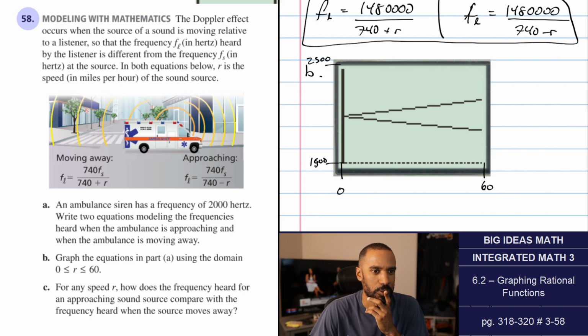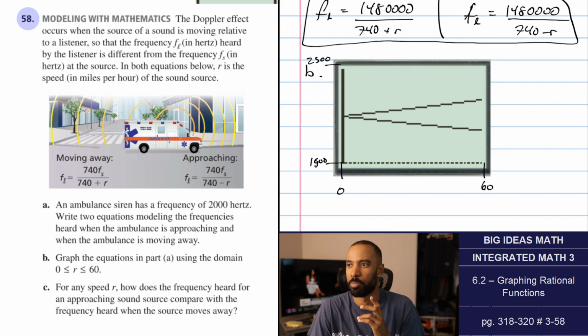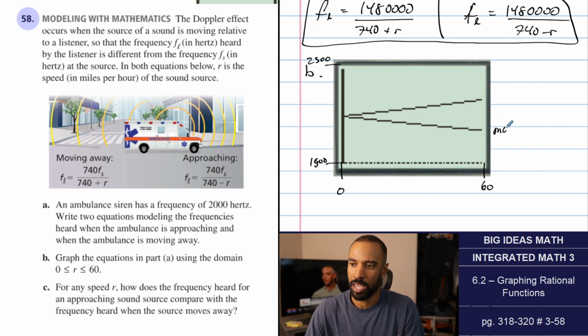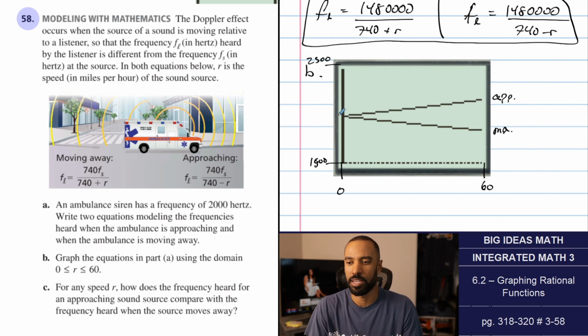Hold on, I need to tell which one's which. So the plus R is this one. This is moving away, and this is approaching. And that makes sense. The frequency increases as it gets closer. Yeah, that totally makes sense.